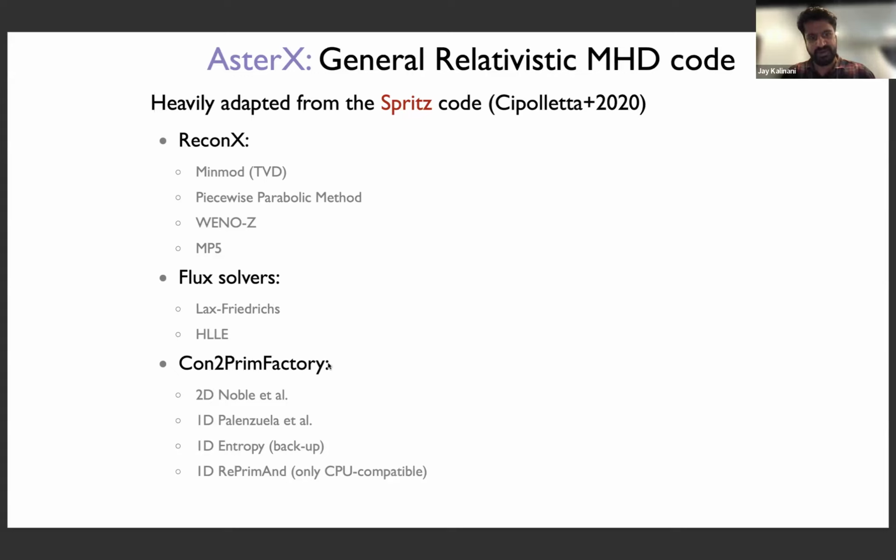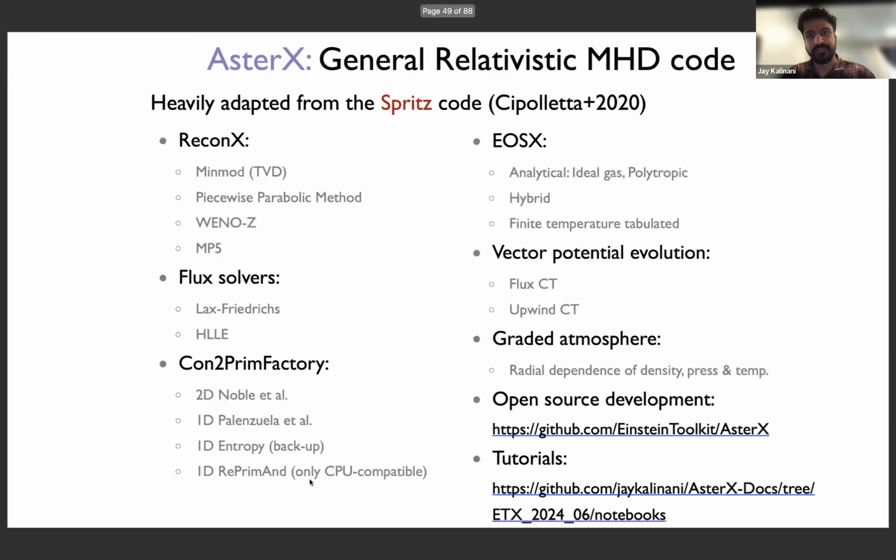Then we have a separate module called Con2PrimFactory, which provides different con2prims, for example from Noble et al. or Palenzuela et al. There is also a backup con2prim based on entropy evolution. We also have support right now for RePrimAnd, but it is only CPU compatible.